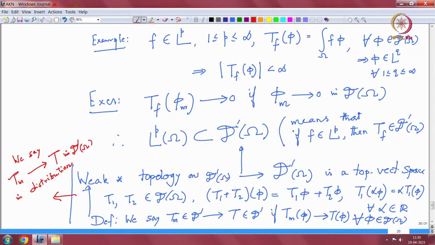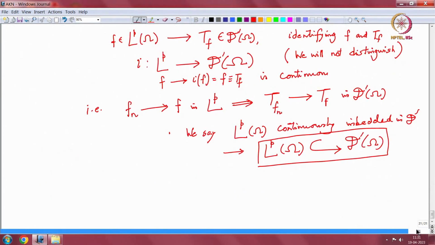Try to do this exercise to understand it properly. Again, you may need that if something converges in L^q. For example, if you have a convergence in D of omega, you can get the convergence in L^q, which is discussed in our elementary material.